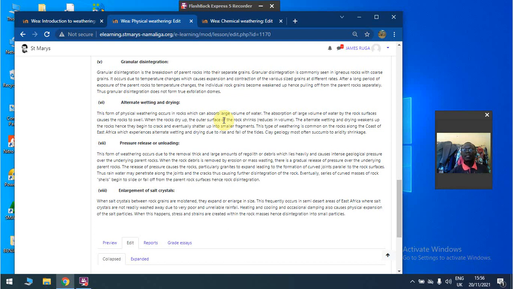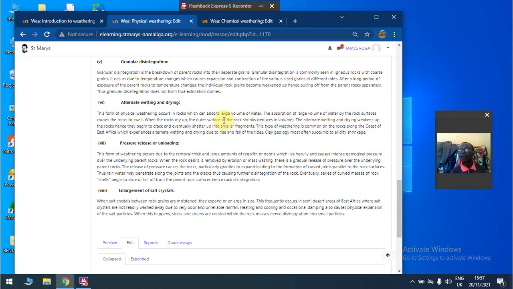And during the dry season, or when there is a dry condition, the rock surfaces lose this water through evaporation, and therefore the surfaces contract or shrink. So this gradual swelling and shrinkage of the rock surfaces will gradually weaken the rock, and eventually the rock surfaces begin to peel off in thin layers. It fractures in plate forms, and eventually it begins to pull off from the main mass of the rock.